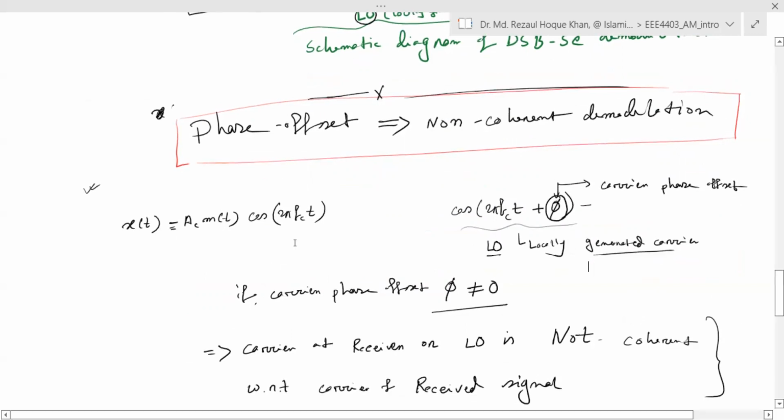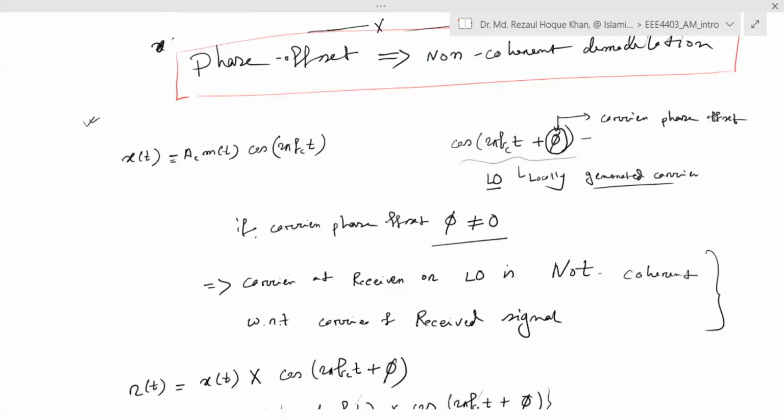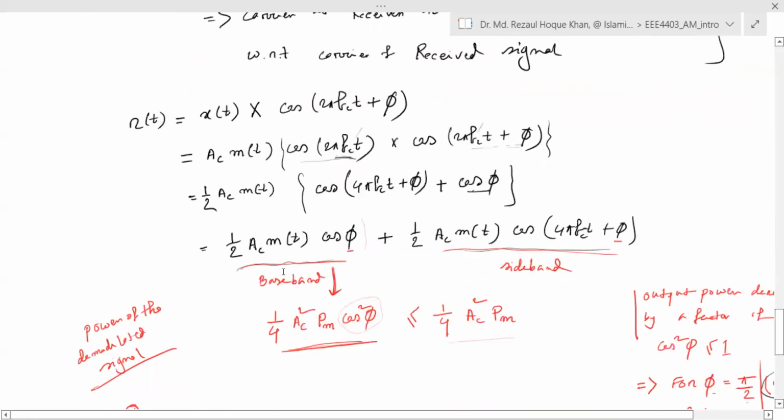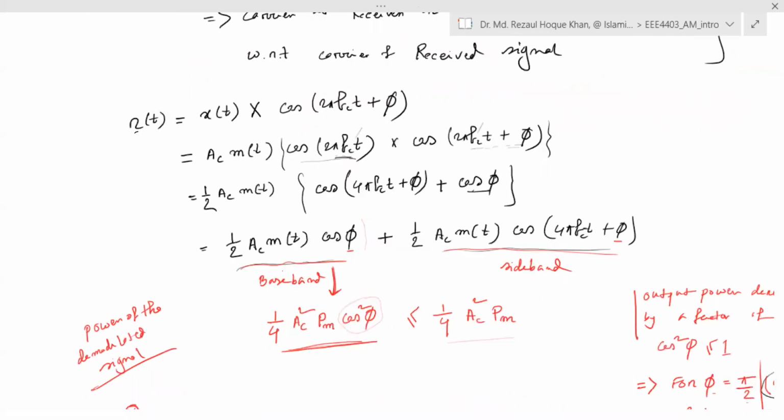We see there that if the phase offset is not equal to 0, then we get a received signal with a baseband signal and two sidebands where this phase offset is included, which was not present in the previous case.